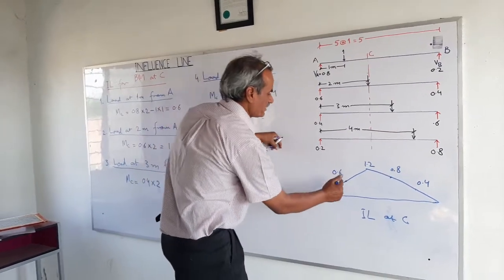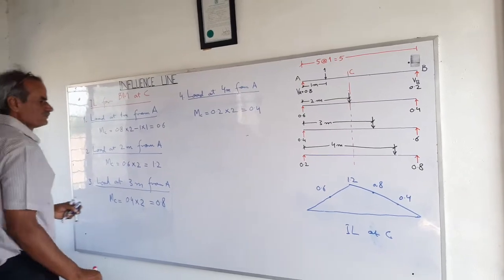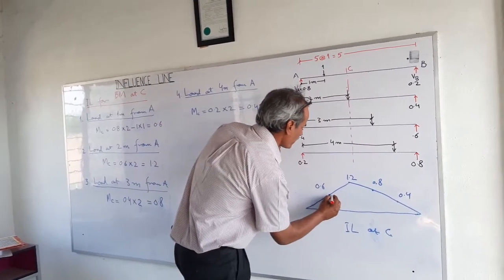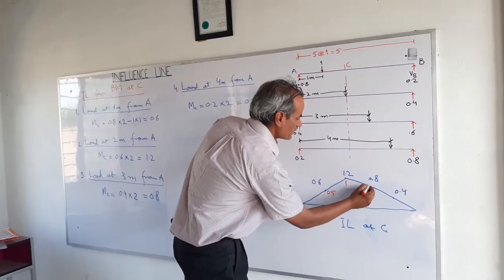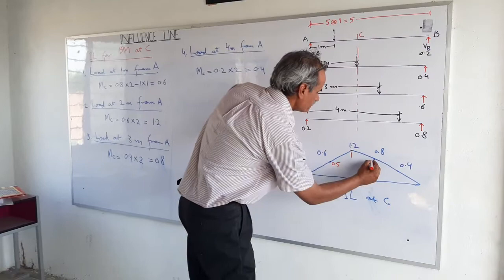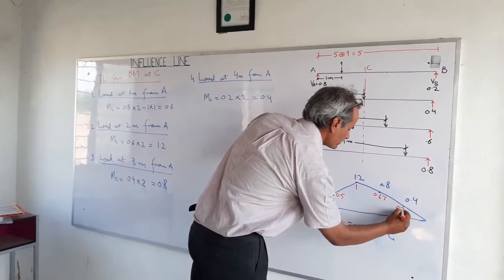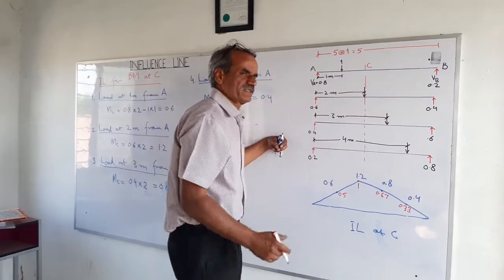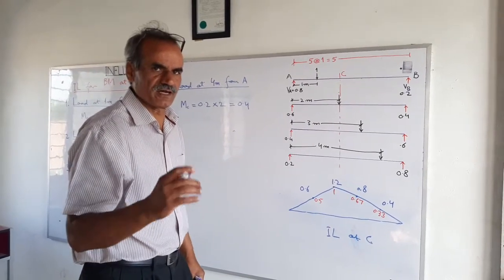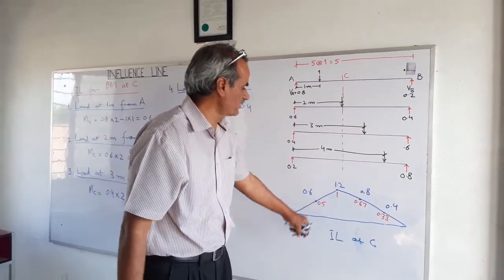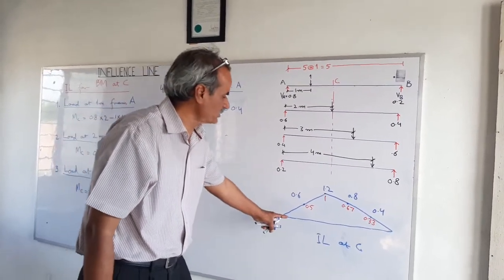This ordinate shall be 0.5, this ordinate will be 1, this ordinate will be 0.67, and this ordinate will be 0.3. Since it is a same slope, so for our simplicity, in order to keep our maximum ordinate as 1, we have divided all the values with 1.2 and we have got this influence line.